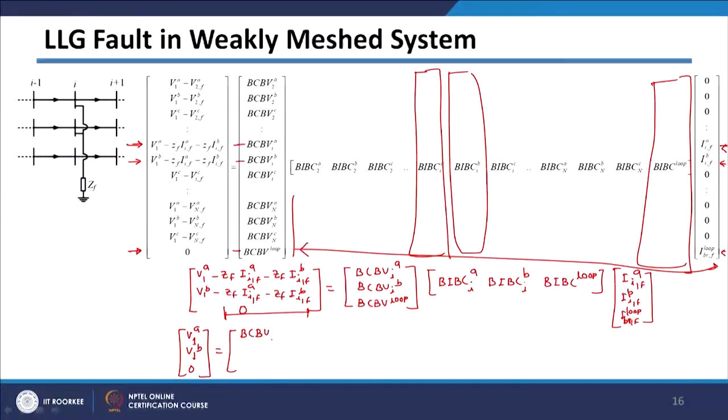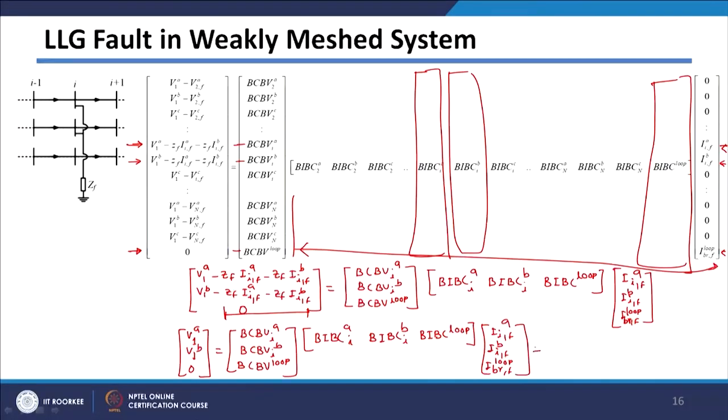BC BV corresponding to A, BC BV corresponding to B, and BC BV corresponding to loop forming branches, which will get multiplied by BI BC corresponding to A phase, BI BC corresponding to B phase, and BI BC corresponding to loop forming branches, which will get multiplied with this term here, that is fault current in A phase, fault current in B phase, and fault current in loop forming branches, plus the terms which are considered here, which I am taking on right hand side, can be written like this.